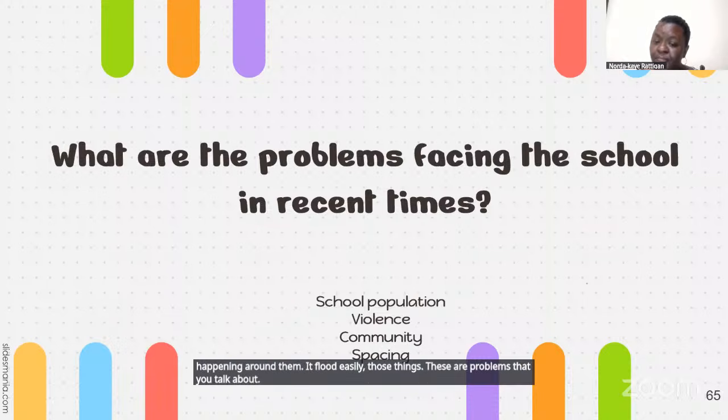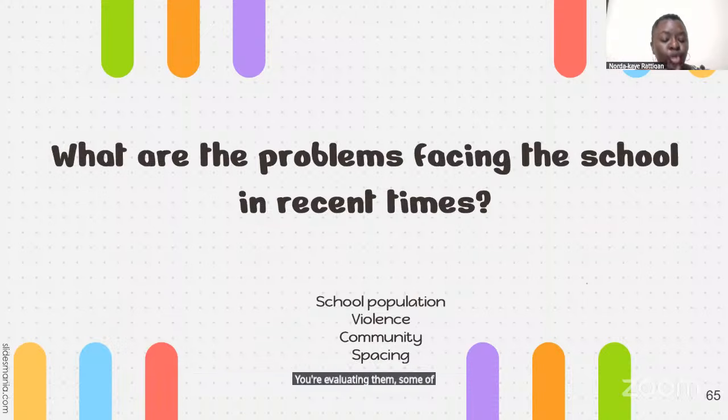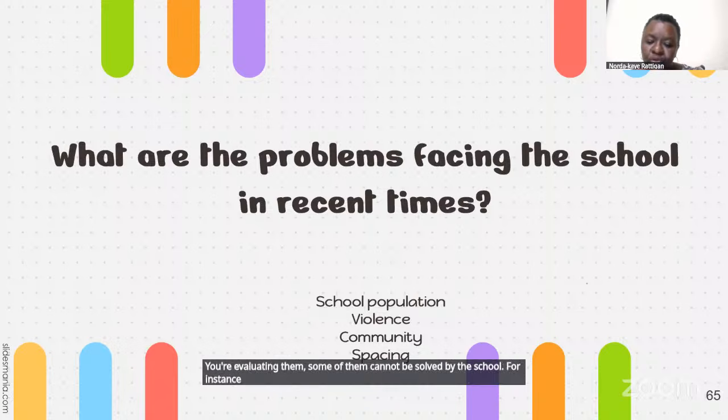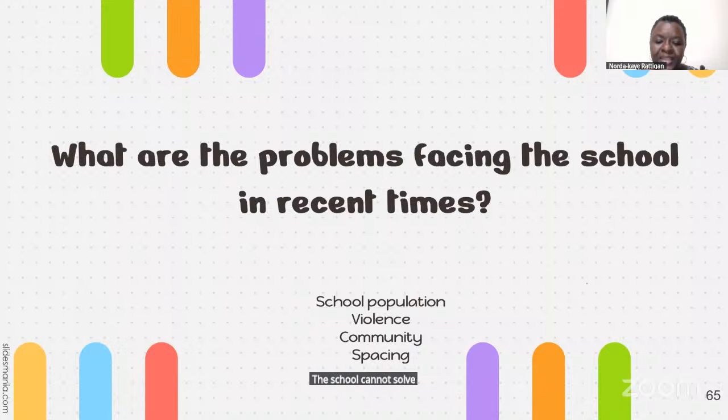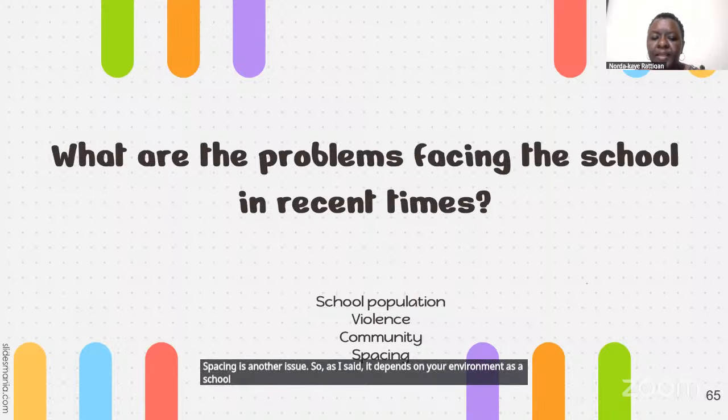You're evaluating them. Some of them cannot be solved by the school. For instance, if the road going to the school is very bad, the school cannot solve that problem, but they can lobby with other stakeholders and push to get help. Spacing is another issue. As I said, it depends on your environment as a school, the problems will come up.